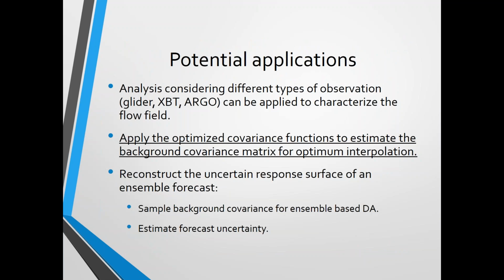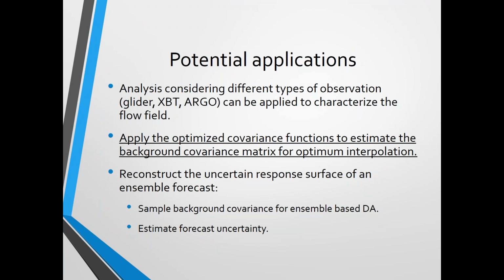In potential applications, they don't necessarily have to be with drifters to estimate submesoscale. Gaussian process regression can be applied to analyze different types of data, and the optimization procedure can be used to characterize other types of flow fields.